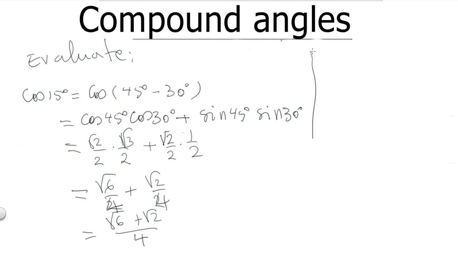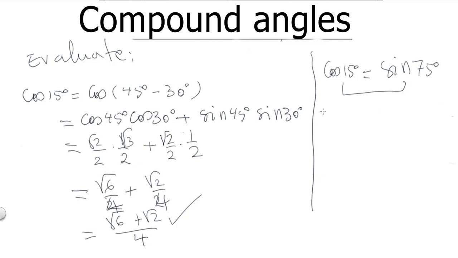Now, if you look, this was cos 15, and the one we did, which has the same answer, was sine 75 degrees. So this is a cofactor, because 15 plus 75 gives you 90 degrees.